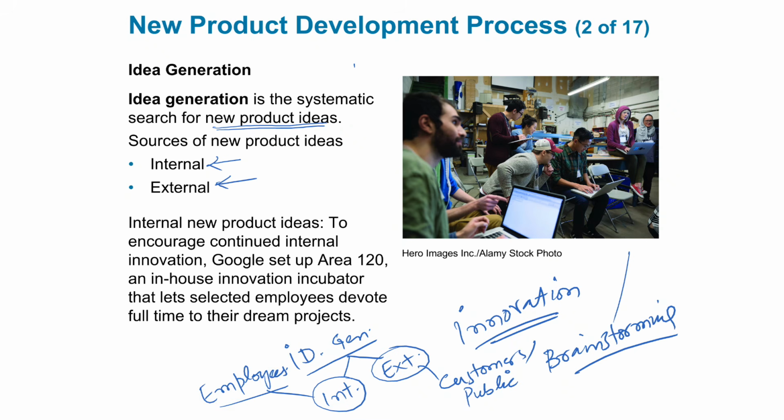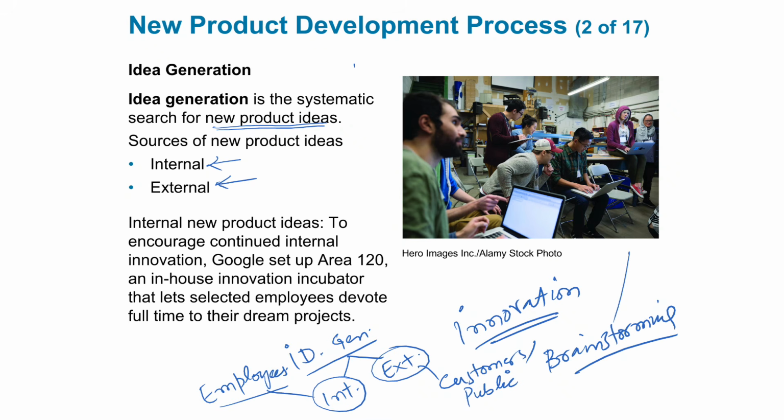But of course, when it comes to which one is expensive, which one is less expensive, which one is good, which one is not good, it all comes down to the type of company, the type of industry that you are in. For a company which is more tech related, or tech savvy, or has complex or complicated products, normally companies would go for internal idea generation.